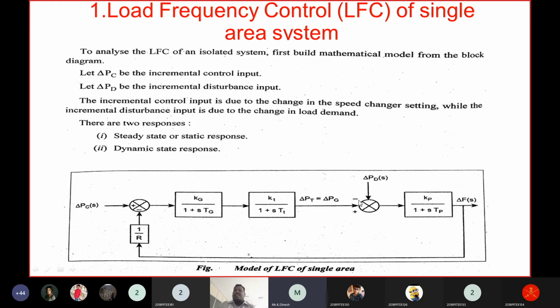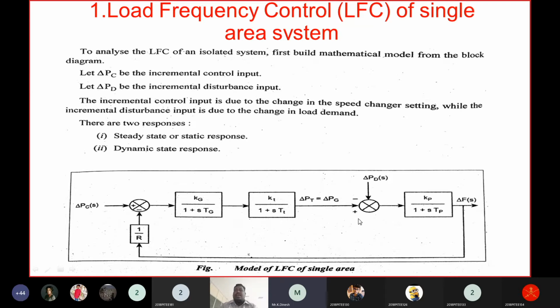After the generator and turbine, I have my plant, where I am going to apply my disturbance. In the speed changing process, I have the disturbance, in case of high flow or moderate flows. This is the exact mathematical model of the load frequency control of a single area system.